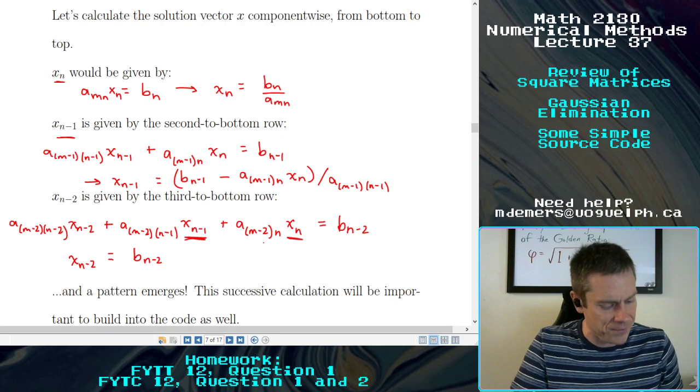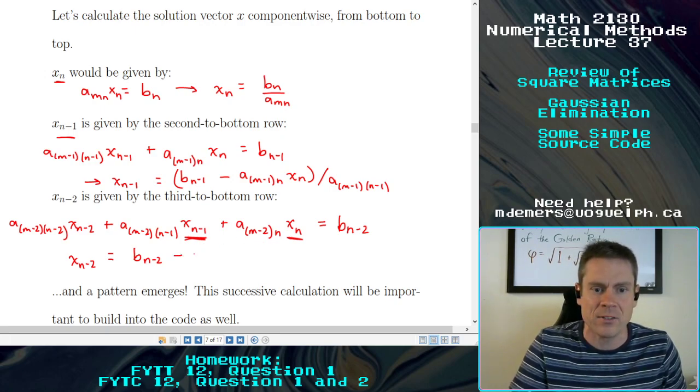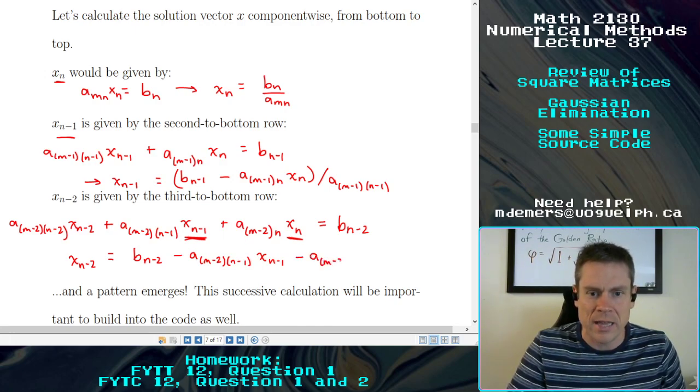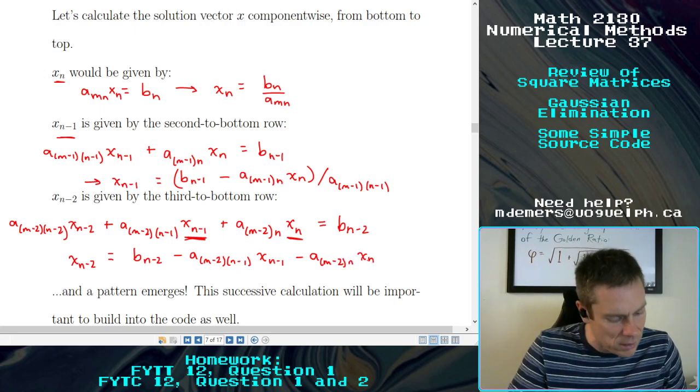I subtract off the things that I have, so minus a(m-2),(n-1) times xn minus 1. And then I'm going to subtract off this last term here, which we already calculated as well, a(m-2),n times xn.